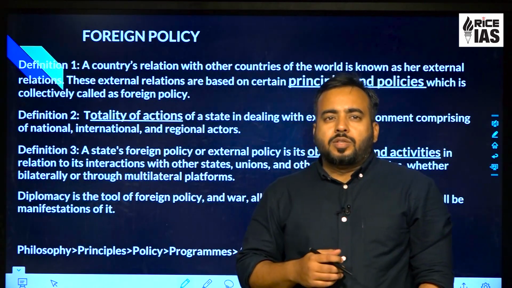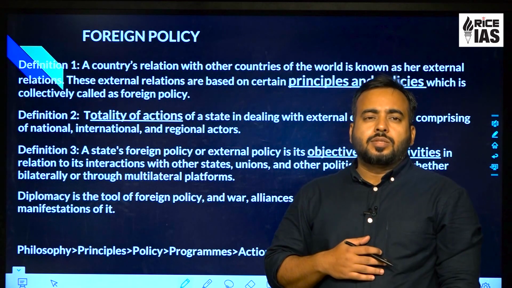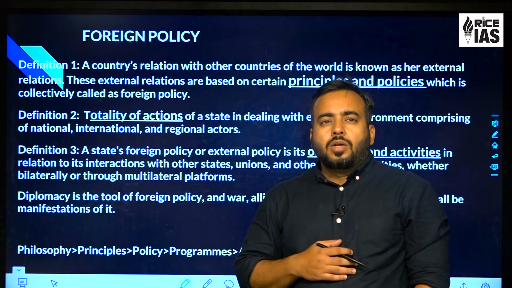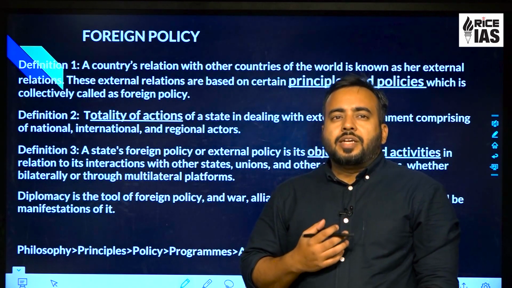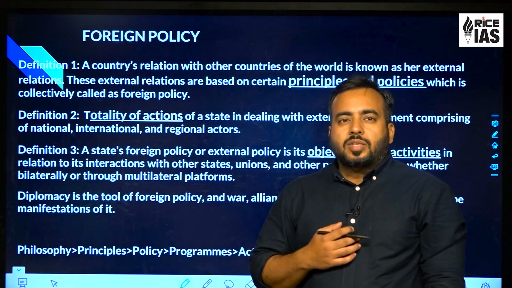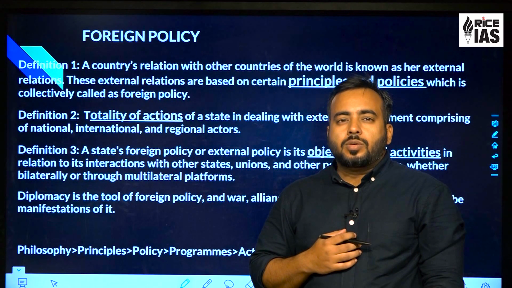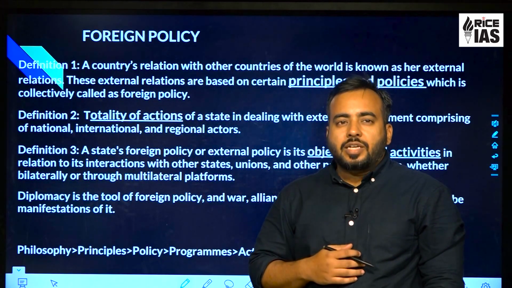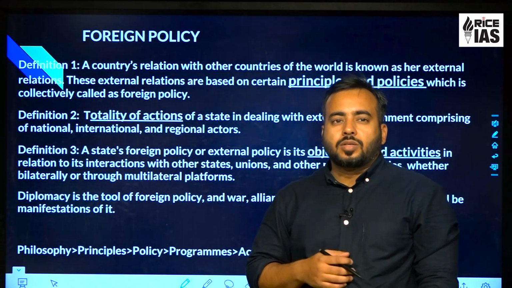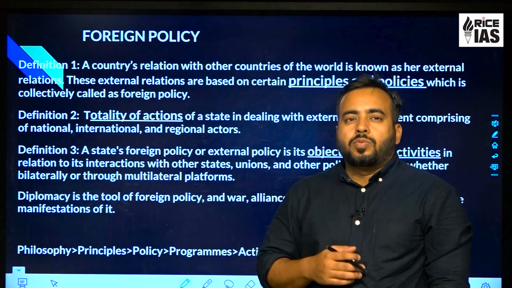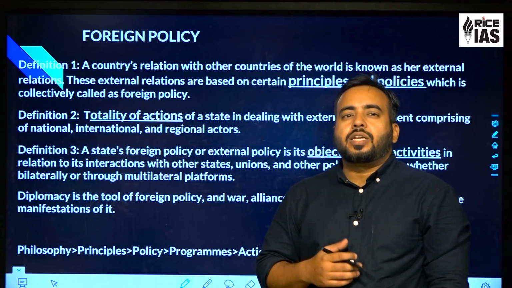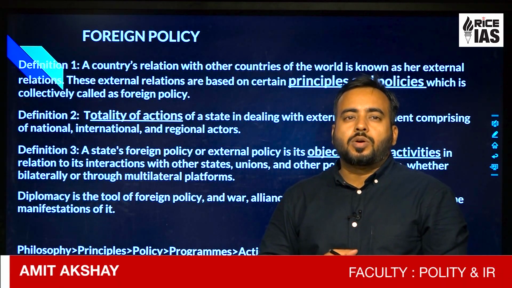How to define foreign policy? So, there are multiple definitions. While India is trying to conduct its actions and assert its sovereignty, it adopts certain principles, policies, programs and actions, and all of them in totality constitute India's foreign policy.